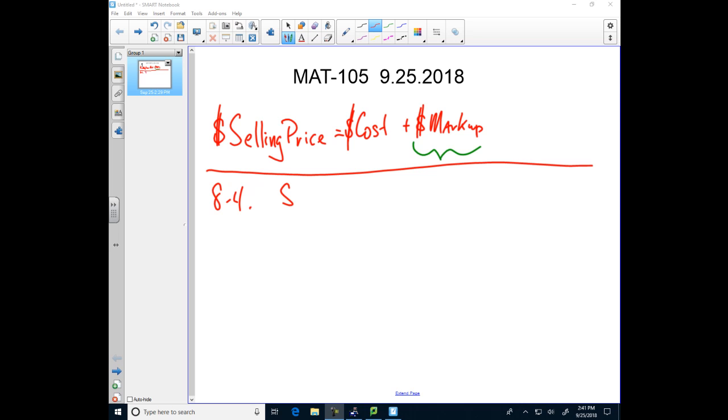You're told that the selling price equals $4,000. I did turn it on, didn't I? Yeah, I did. And you're told also that the percent markup on cost is 30%.